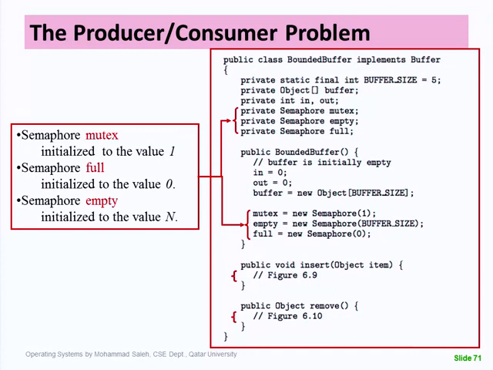Would that be a binary or counting semaphore? A binary semaphore is just a lock, right? If you have it, then you can access the bounded buffer. If you don't have it, you can't. So that's the very first semaphore in the solution.